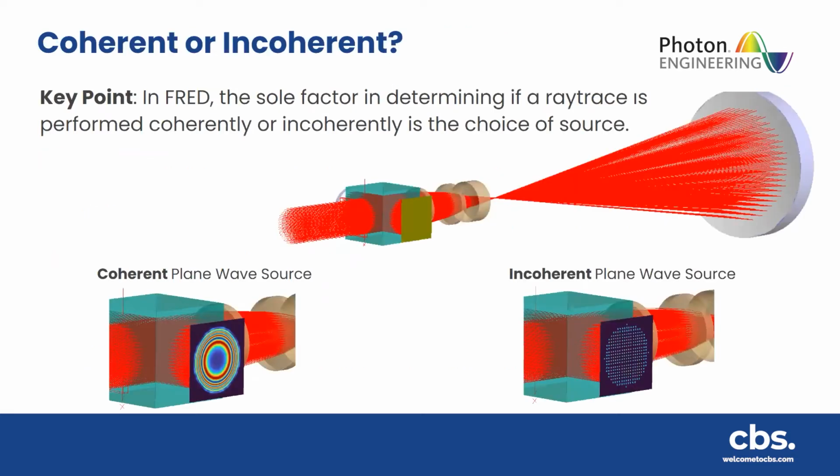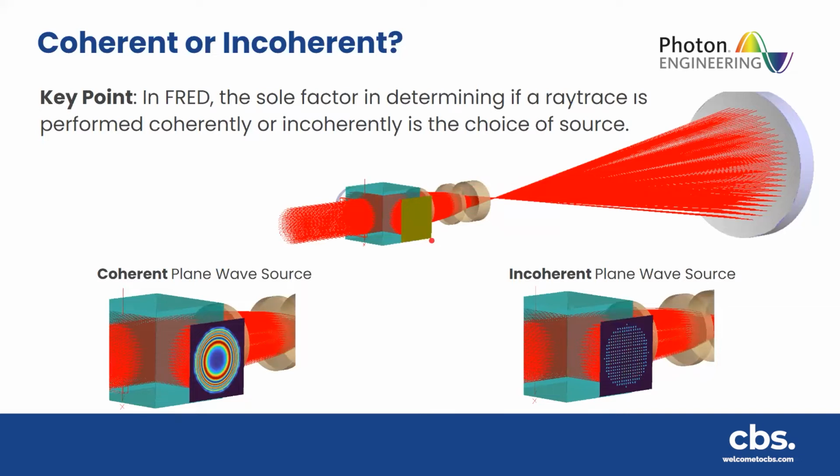Now, the convenience for the user is that one of the key points is whether you want to do a coherent or an incoherent ray tracing, in Fred it really is determined only by the choice of the source. So here we have a very simple example demonstrating that. Here we have an interferometer. We've got the coherent source here on the left side coming into the beam splitter, and the beam splitter sends one path up to the reference mirror and down, and the other path through to the test mirror, back in, and then down to the detector.